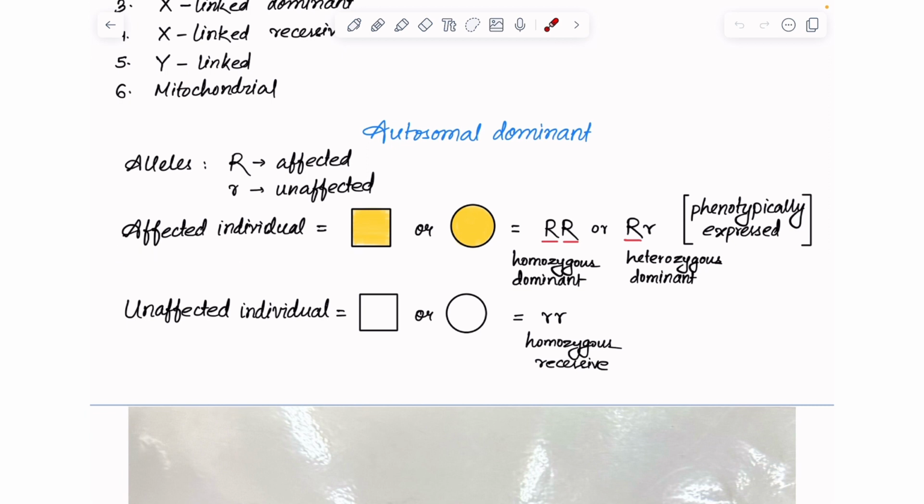The affected individual is either going to have both dominant alleles, the homozygous dominant, or one dominant allele, because this one dominant allele is able to suppress the recessive allele. This is heterozygous dominant. In both these cases, the trait is phenotypically expressed. In an unaffected individual, you are going to have homozygous recessive.